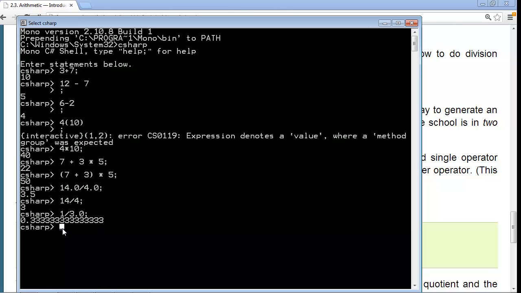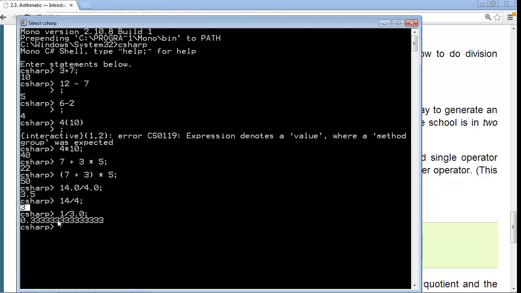We still have another issue. Remember, going back to grade school, 14 divided by 4 was 3 with a remainder of 2. We only have part of our answer from the grade school version of division. Basically, there were two parts to the answer, the integer quotient and the remainder.